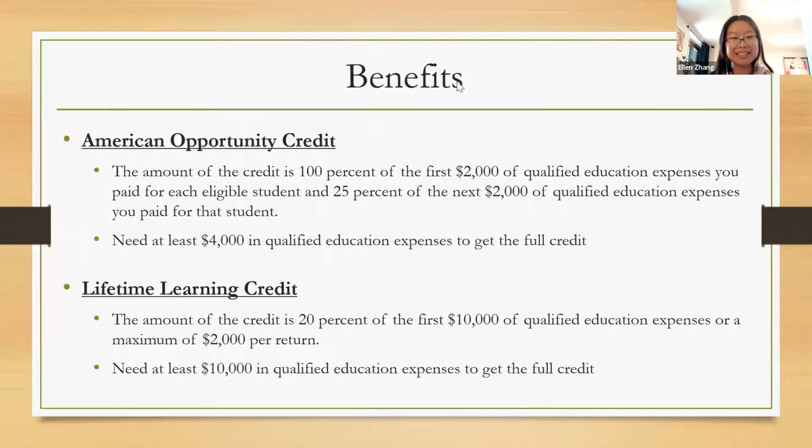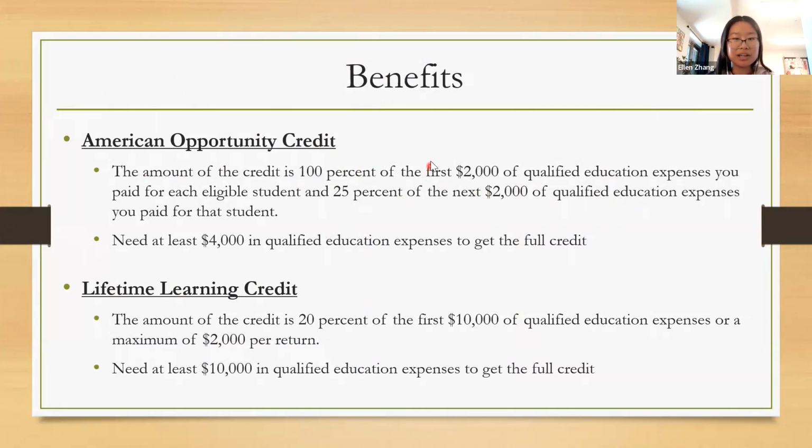Oh, but before that, I should probably talk about the quantity of American Opportunity Credits and Lifetime Learning Credits that we can get. The amount of credit for the American Opportunity Credit is 100% of the first $2,000 of qualified expenses, and then 25% of the next $2,000 of qualified educational expenses.